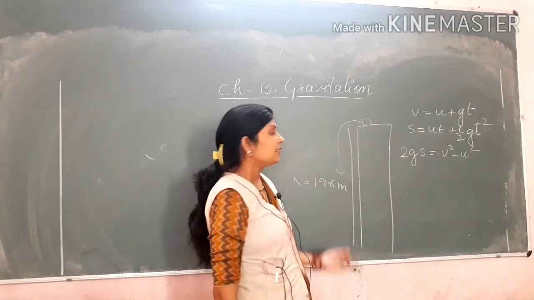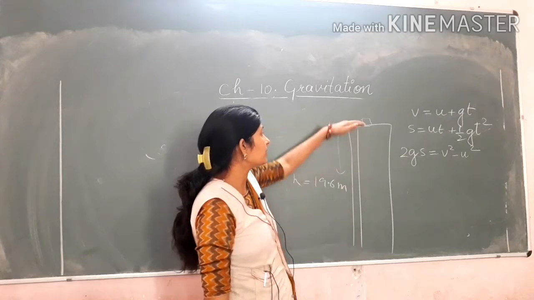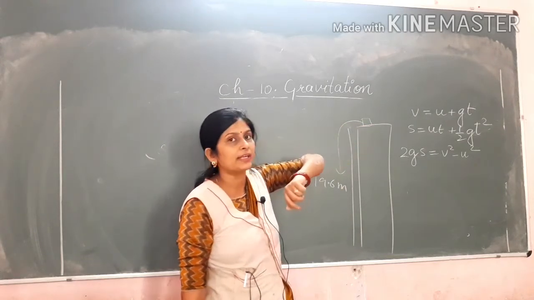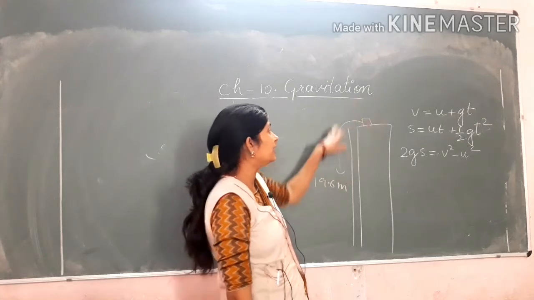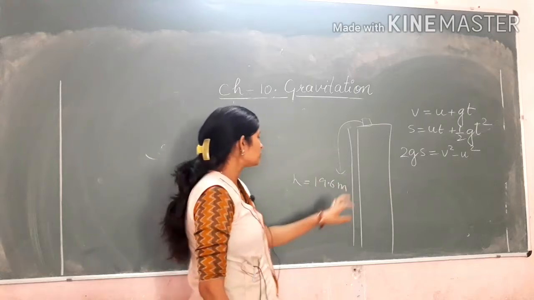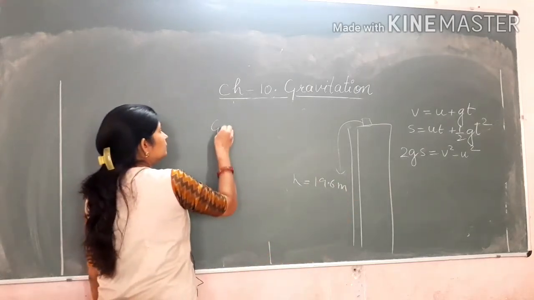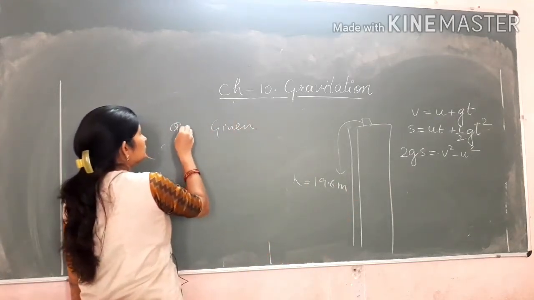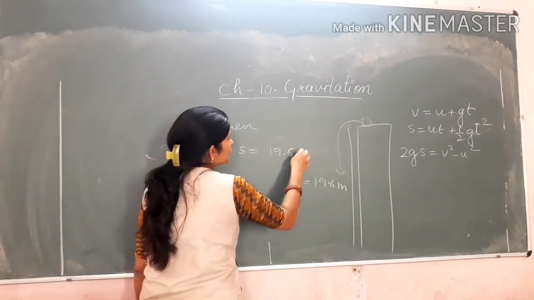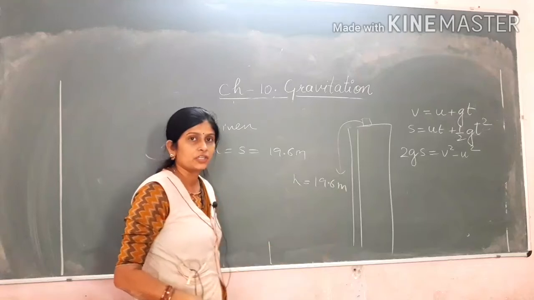Now it's obvious that if this stone is kept at a height of 19.6 meter and made to fall freely downwards, then it covers a distance of 19.6 meter in the downward direction.